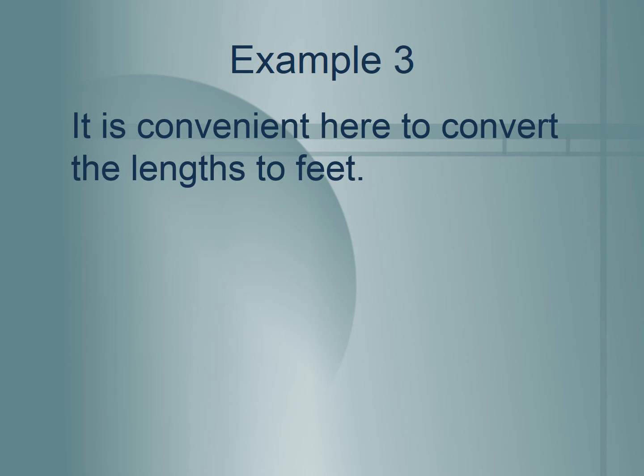Sometimes you're going to be dealing with real life objects. So you're going to have units. So you're going to want to be able to convert different lengths depending on what's the easiest to work with and what's convenient. So for example, in example 3, it's going to be most convenient to convert to feet.